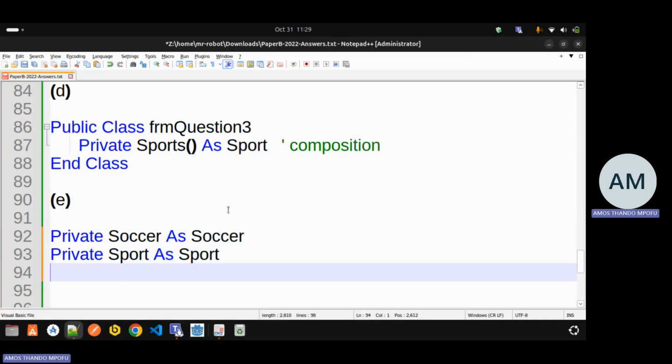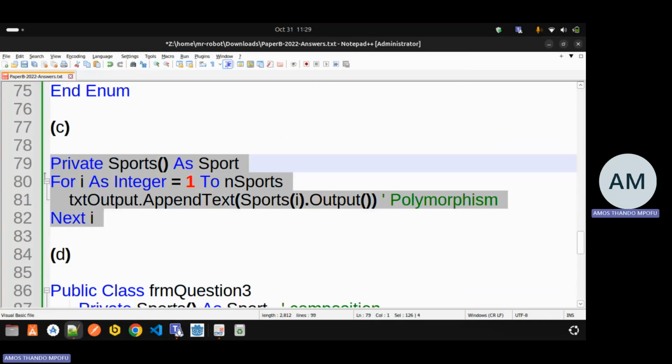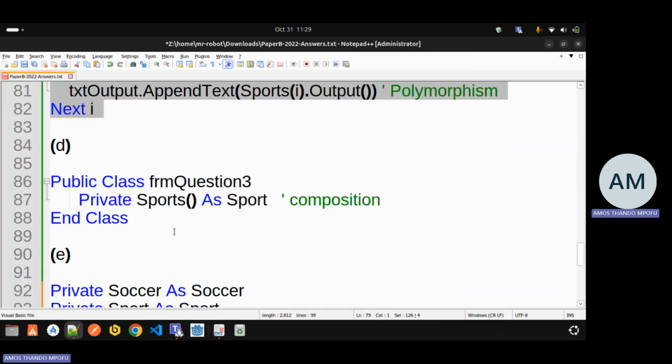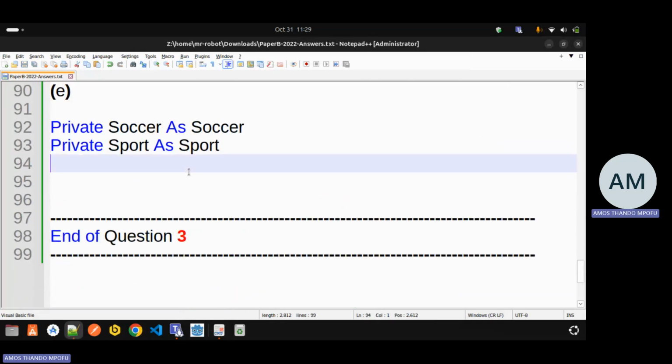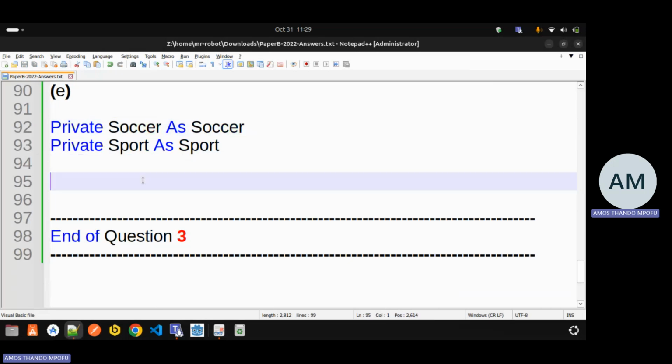Remember, an array is not always needed. Here it was needed because I wanted to demonstrate polymorphism in many forms. It needed to be an array. Here, I don't necessarily have to make it an array. The main important thing that they should know is that this is a base class, and this is a derived class or a child class. So now how do I demonstrate downcasting?